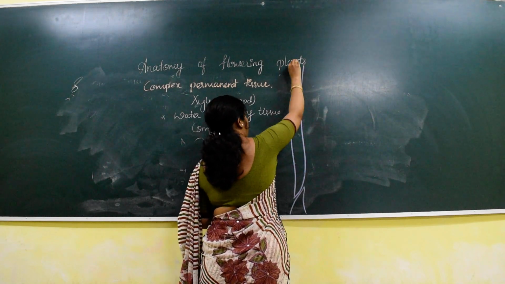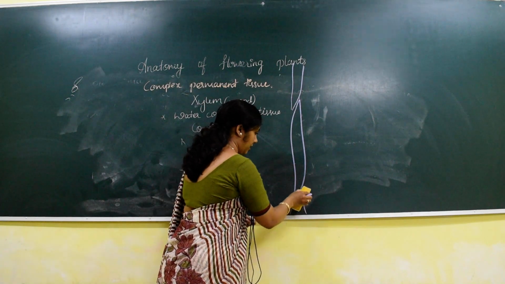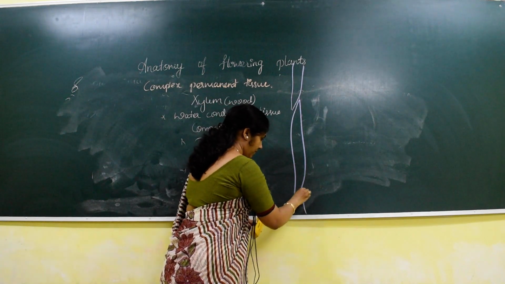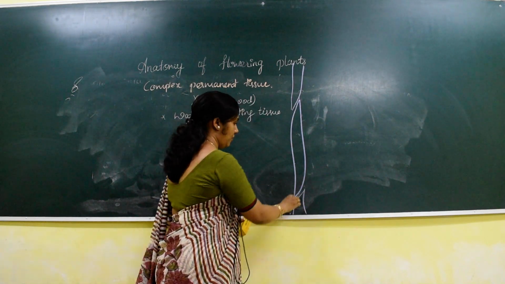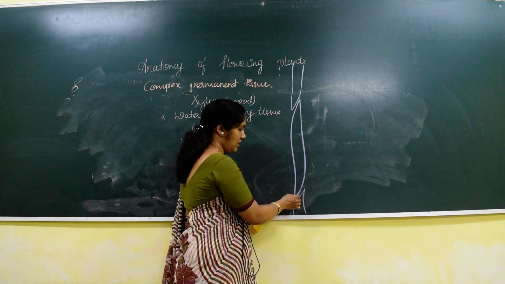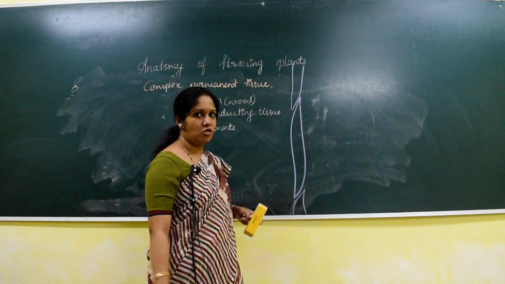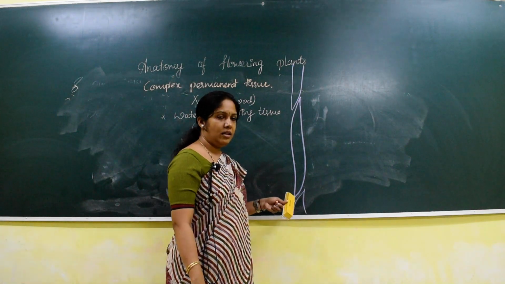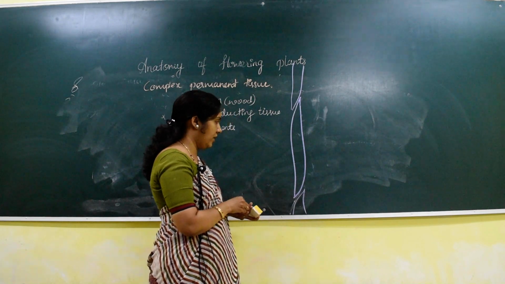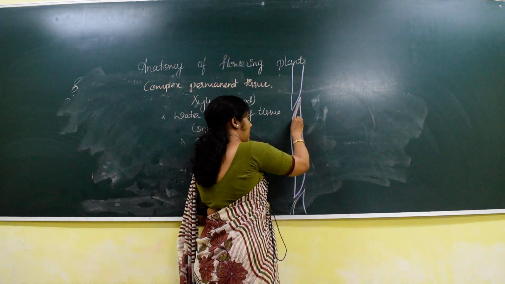See, this is one tracheid, this is one, and below there is another tracheid. The shape of the cell is elongated, and you can see the pointed ends. See, this is very important, tapering ends or pointed ends. And the cell wall of the tracheid is very thick.